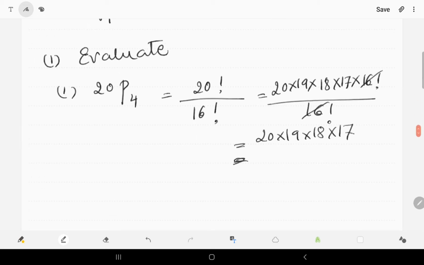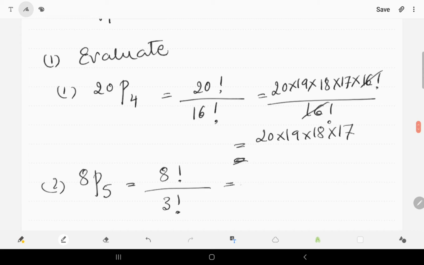Or let us consider one more, 8P5. This is equal to 8 factorial divided by (8 minus 5) factorial, 3 factorial.